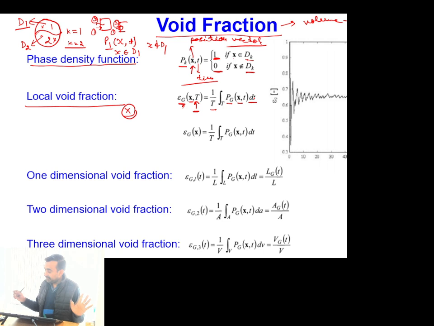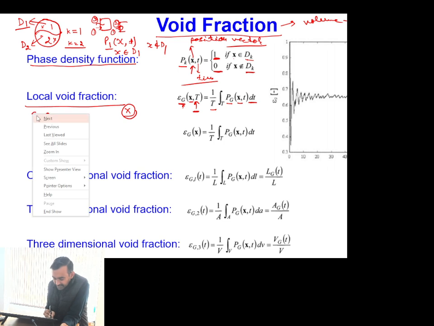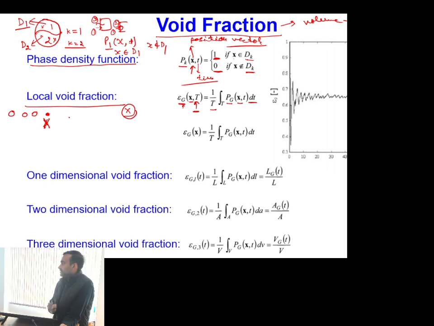First important point is, when I am writing epsilon g at x comma T, it means I am referring to any arbitrary location x. Say this is my location x. Now at this location x, if flow is happening, and say these are a number of bubbles coming towards this location x, then what will happen?